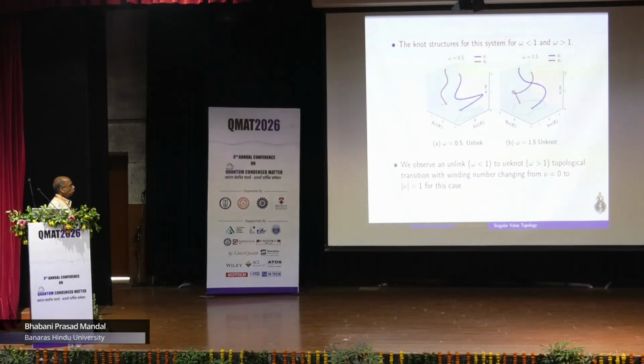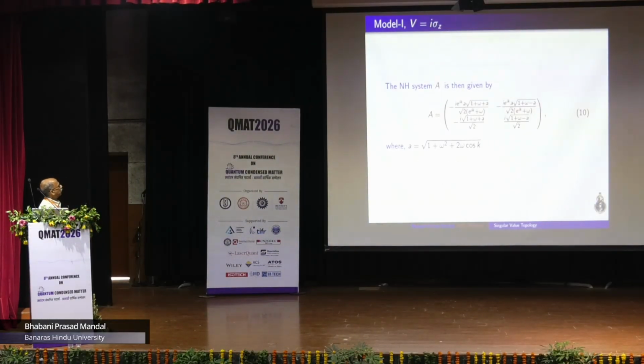So when you go from omega less than 1 to omega greater than 1, there is an eigenvalue knot transition in the non-Hermitian matrix. At exactly the same point we have a topological transition in H, the Hermitian model.